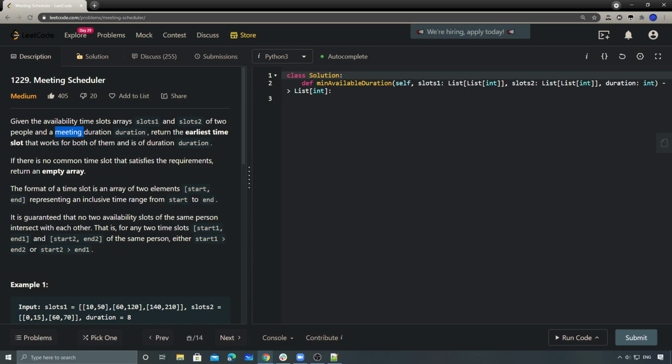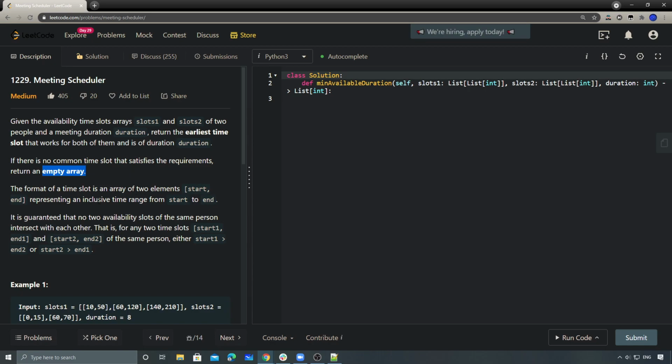Our task is to return the earliest time slot that works for both of them, that is of this duration. And if there's no common time slot that satisfies this requirement, we simply return an empty array here.